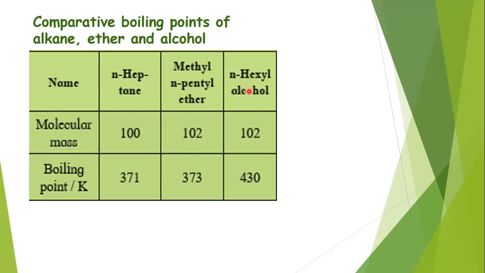But see here, N-hexyl alcohol 430 Kelvin, higher boiling point, because one N-hexyl alcohol is bonded to another N-hexyl alcohol molecule through strong hydrogen bonding, and hence to break this strong intermolecular hydrogen bonding in alcohols, quite more amount of heat energy is required, and hence the boiling point is higher.